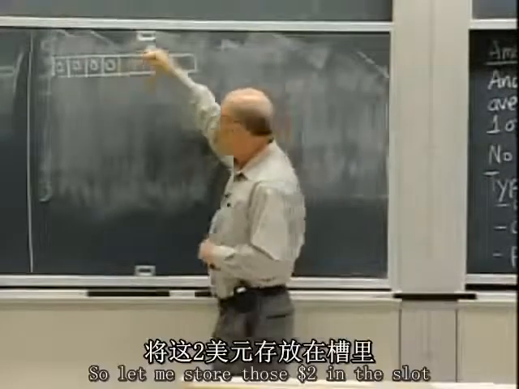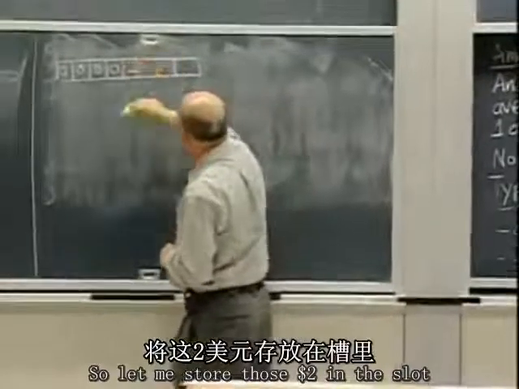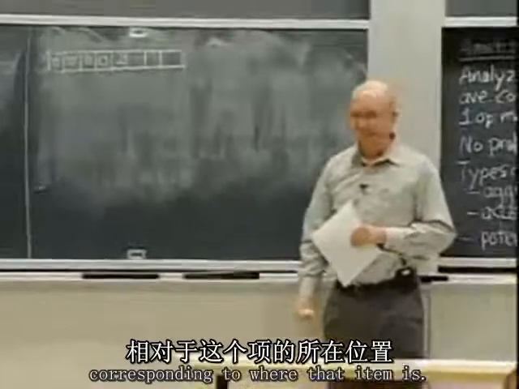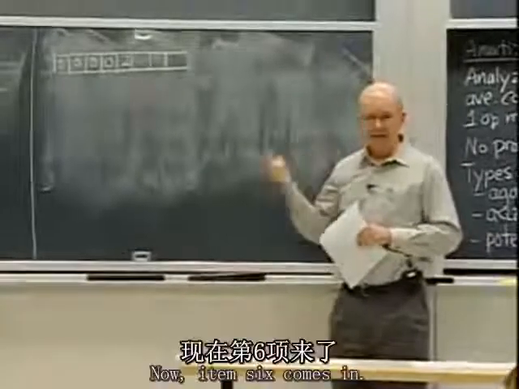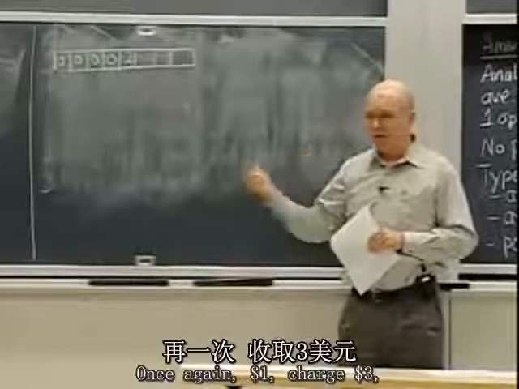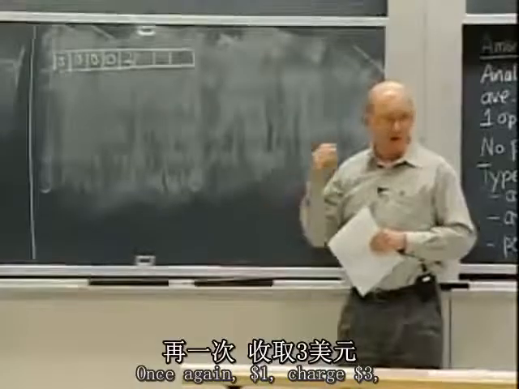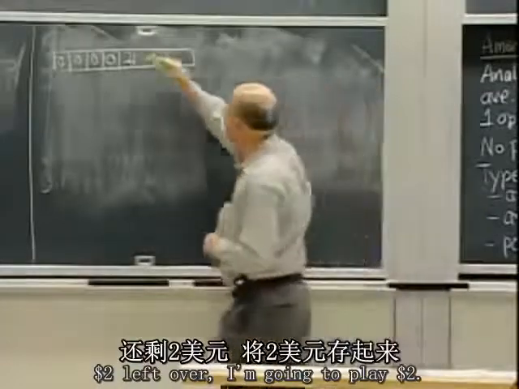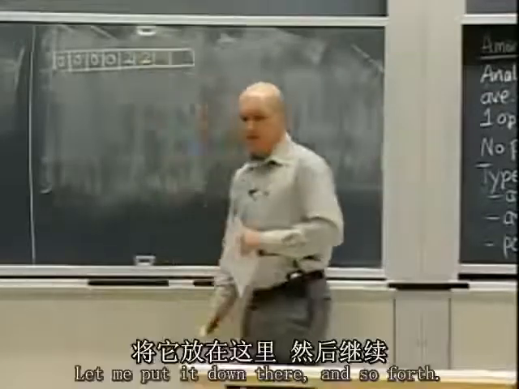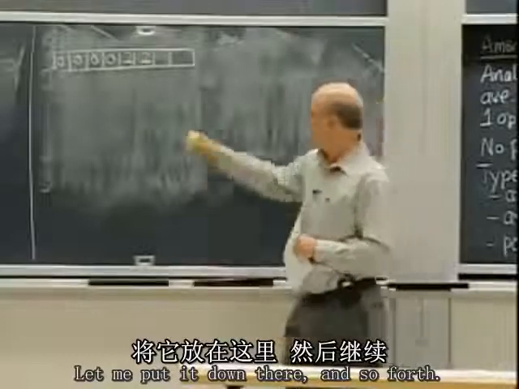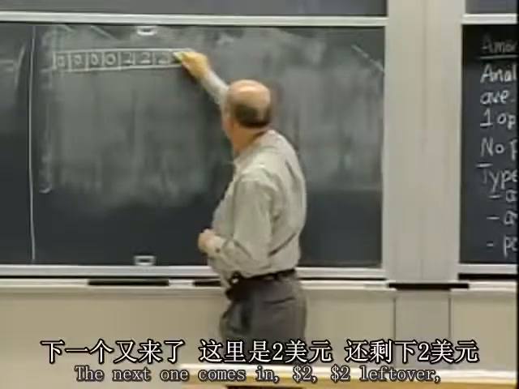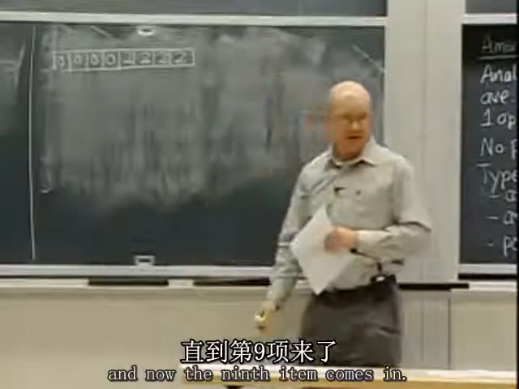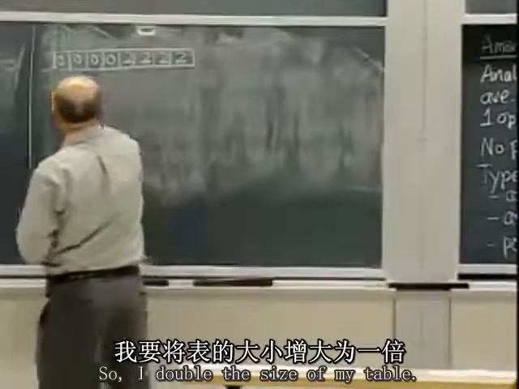So let me store those $2 in the slot corresponding to where that item is. Now item 6 comes in. Once again, I charge $3, $1 is paid for the insert, I have $2 left over, let me put it down there. And so forth. The next one comes in, $2 left over, and now the 9th item comes in. So I double the size of my table.